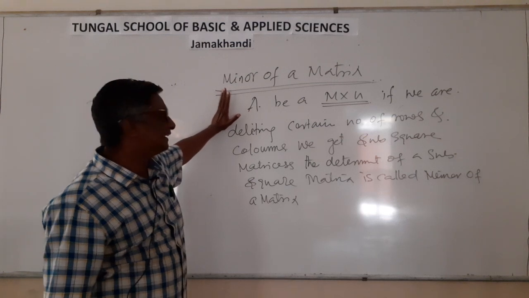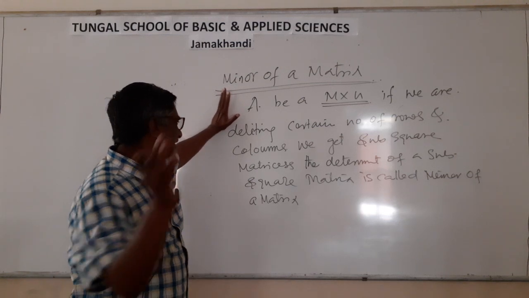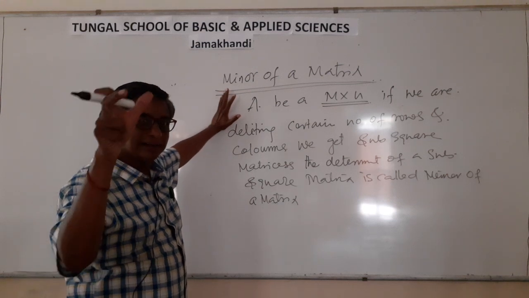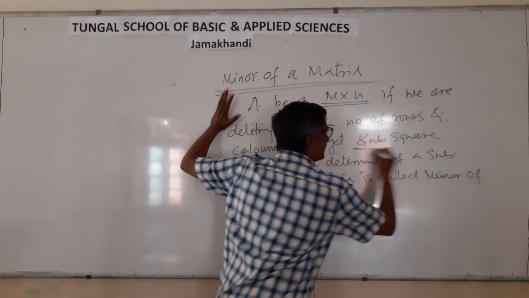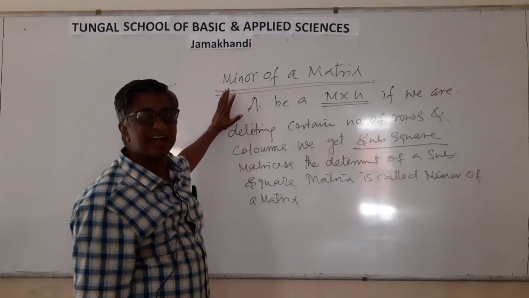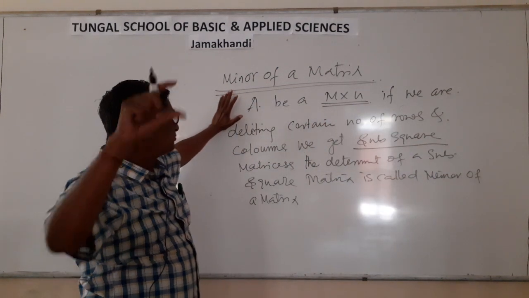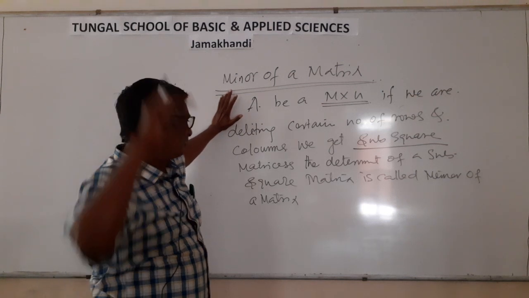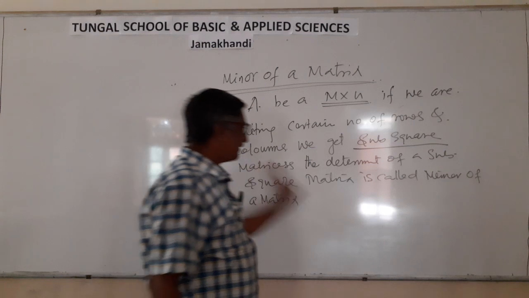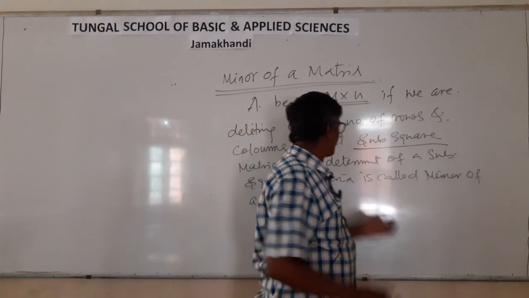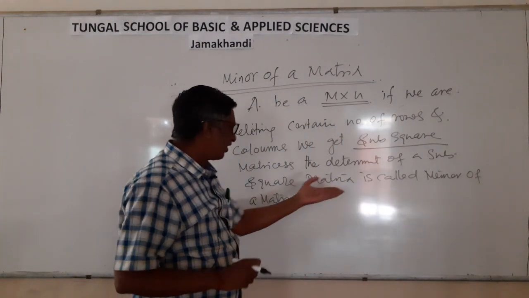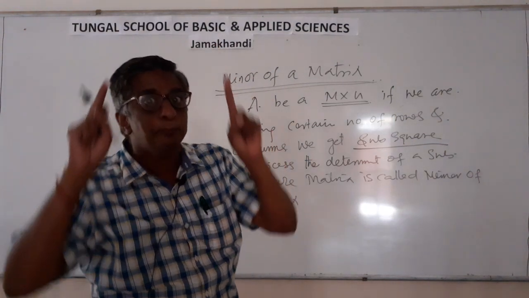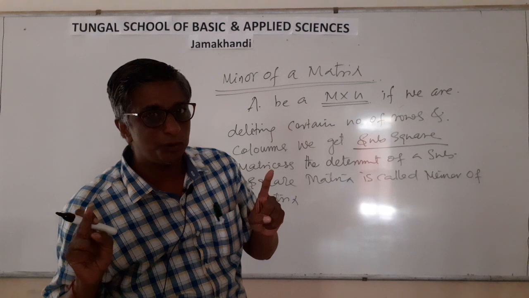If we delete a certain number of rows and columns, we get sub-square matrices. What is meant by sub-square? We discussed in the last video. The determinant of a sub-square matrix is called a minor of that matrix. Do you understand this point?